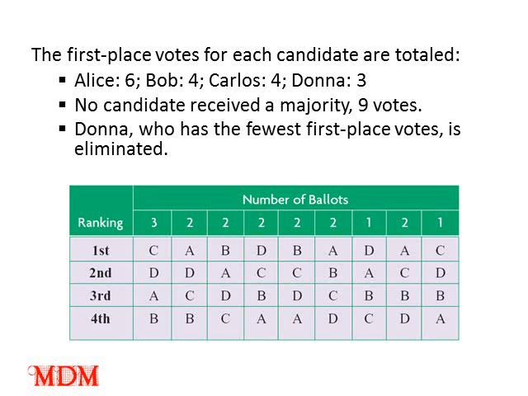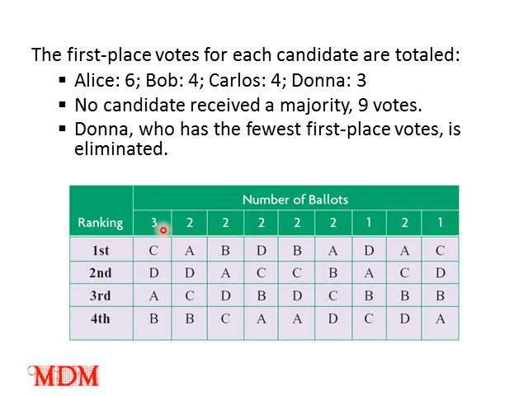Bob has 4 first place votes. On this particular ballot, Bob received 2 votes, and on this particular ballot, Bob received 2 votes, for a total of 4. Carlos, represented by C, has 4 first place votes.